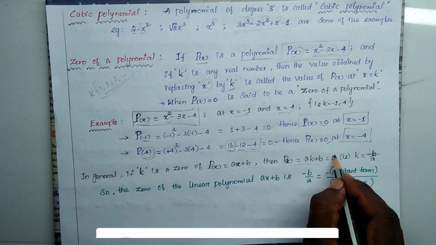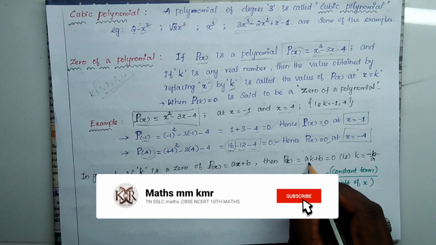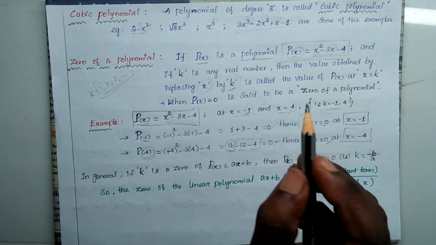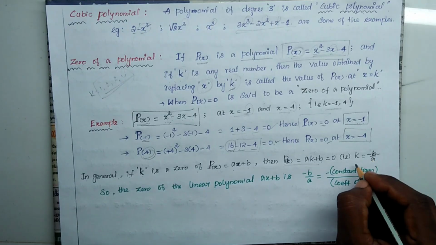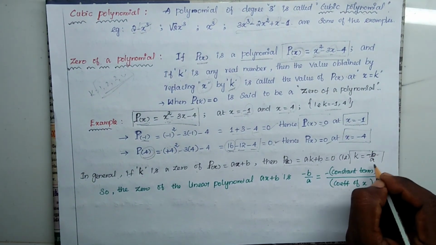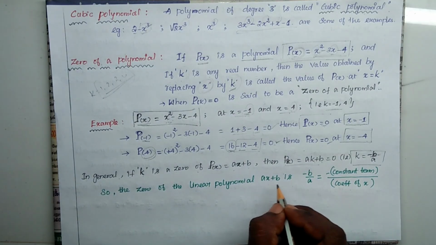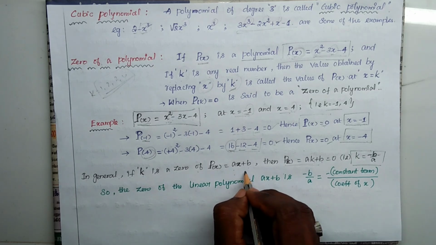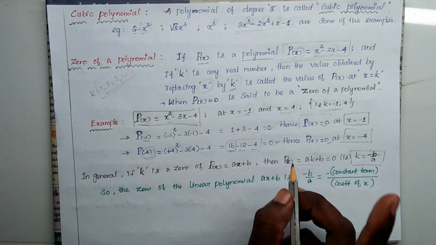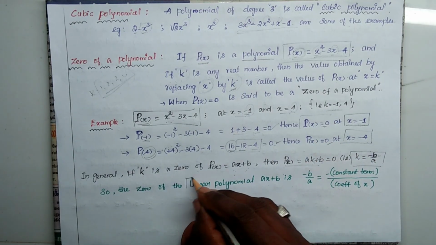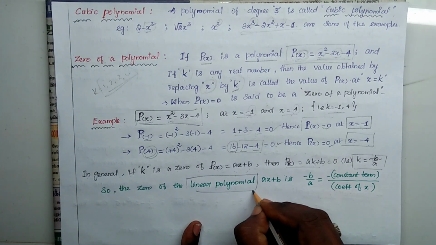The total equation will become 0 when we substitute some value for k, and this is called a zero of a polynomial. So the zero of a polynomial, k, will be represented as minus b by a. So this is the zero of a linear polynomial. This condition is only for the zero of a polynomial under the condition of a linear polynomial equation.